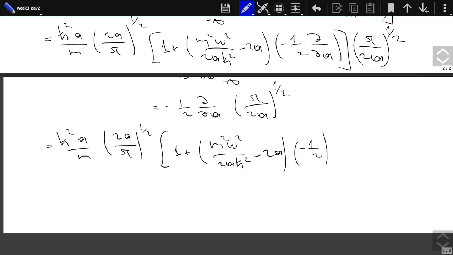Now when I take this derivative, I will be bringing an additional factor of minus 1 over 2 and a factor of 1 over a.